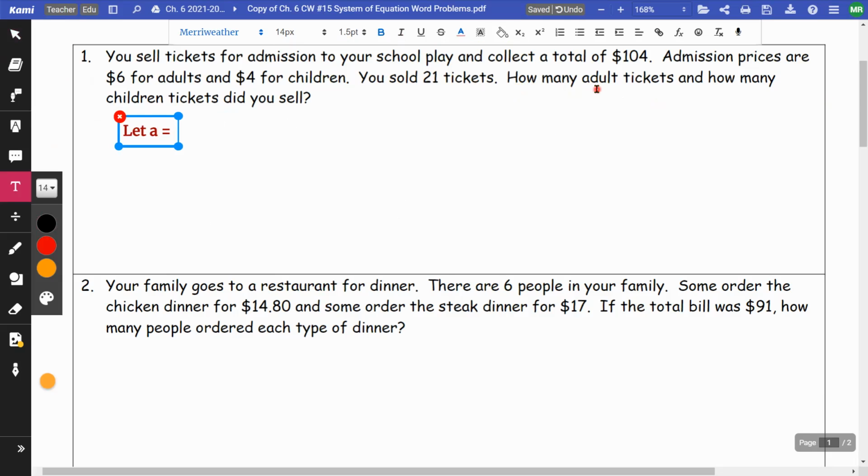It's how many adults. This is going to be the number of adult tickets and the number of children tickets. So let A equal the number of adult tickets, and we'll let C equal the number of children tickets.